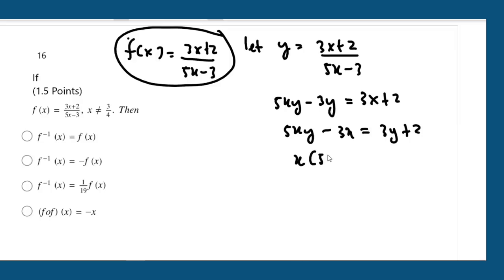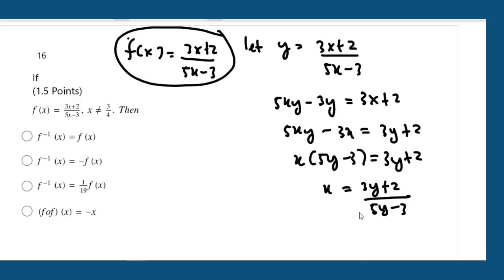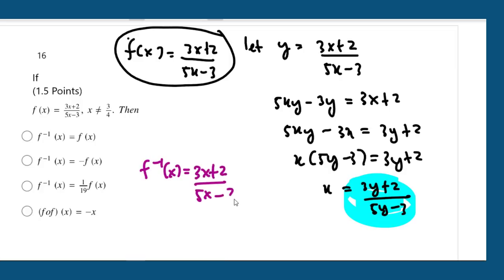Factorize x, and then x as the subject is 3y plus 2 over 5y minus 3. This is actually f inverse. So f inverse is equal to 3x plus 2 over 5x minus 3.